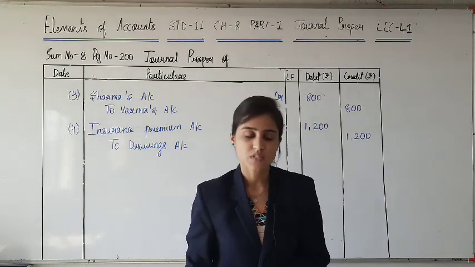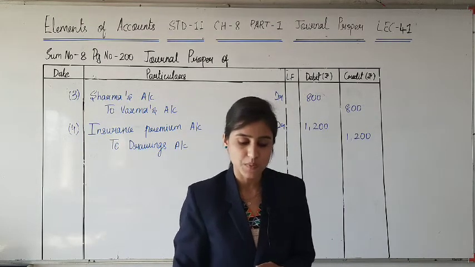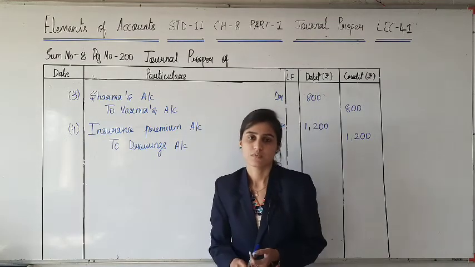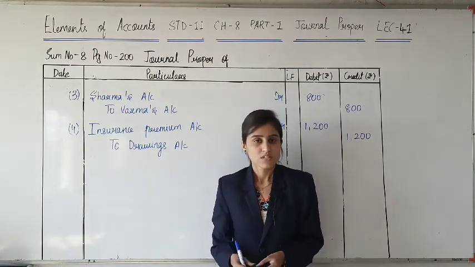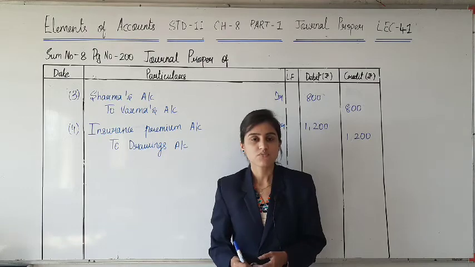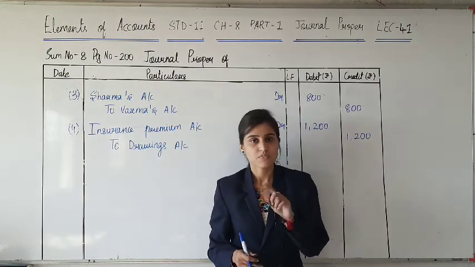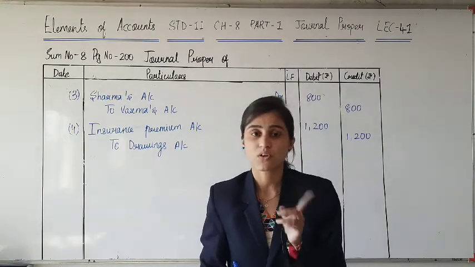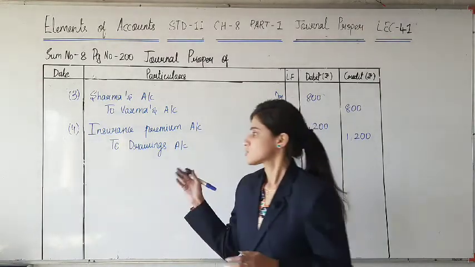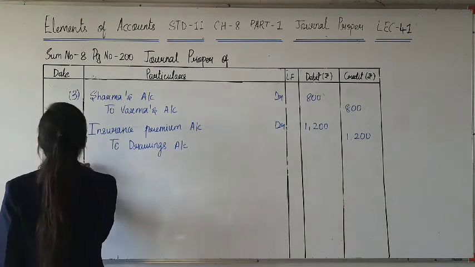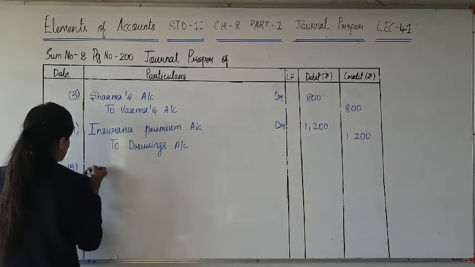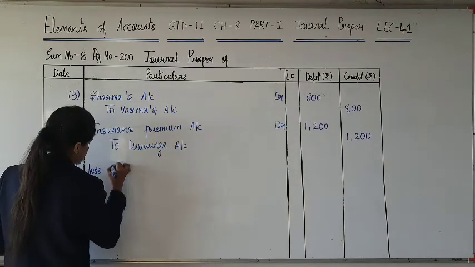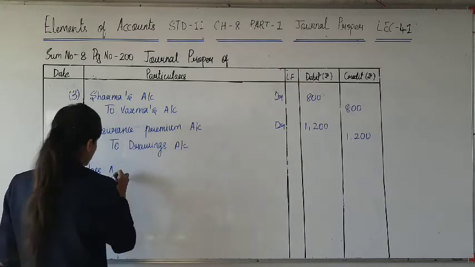Old furniture of 6,000 of business sold for rupees 5,800. So you have received rupees 5,800 for sale of furniture. That will be recorded in cash book. But the loss will be recorded in journal proper. So the journal entry for this is loss is to be debited as per the rule of nominal account.